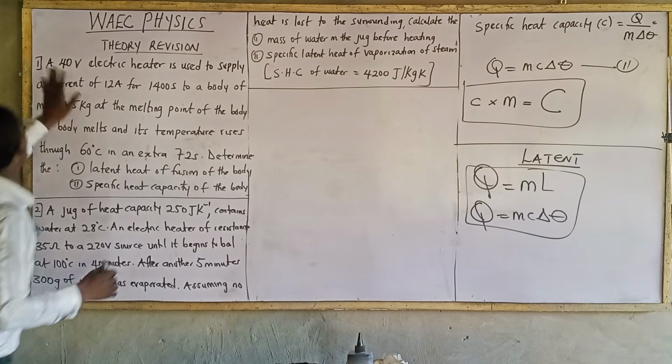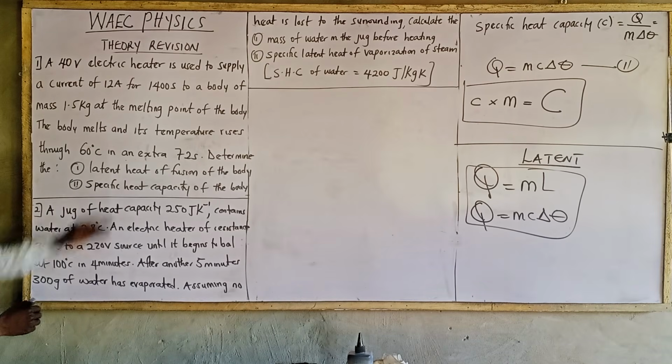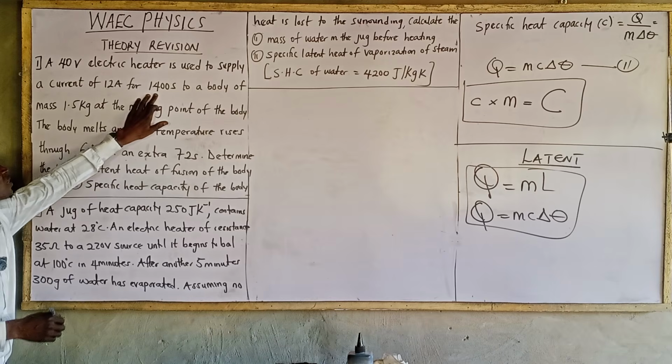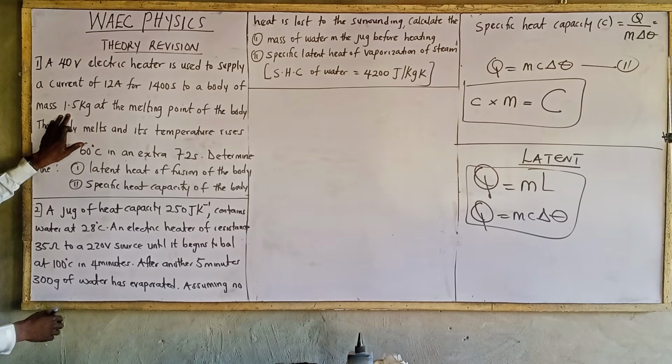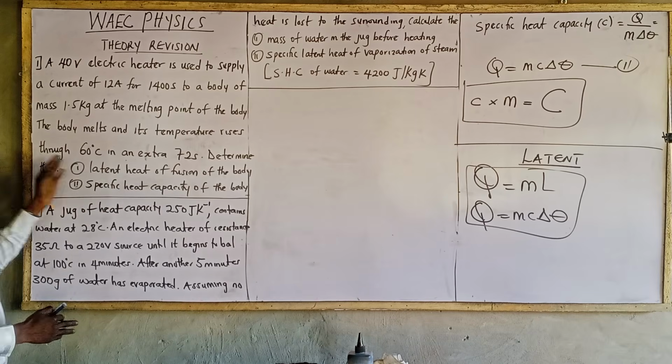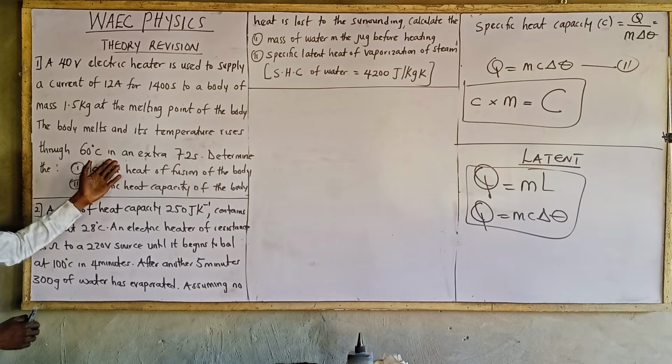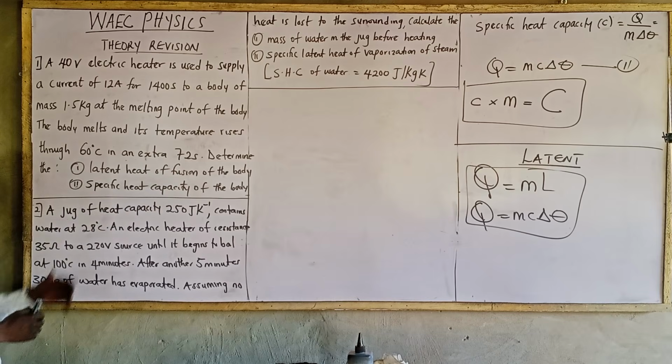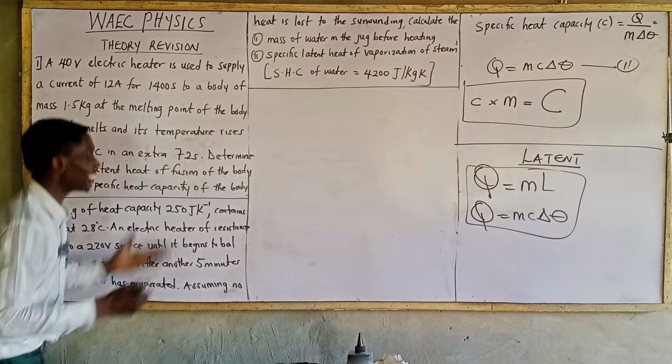We have a 40-volt electric heater used to supply a current of 12 amperes for 1,400 seconds to a body of mass 1.5 kilograms. At the melting point, the body melts and the temperature rises through 60 degrees Celsius in an extra time of 72 seconds. Determine the latent heat of fusion and the specific heat capacity of the body.